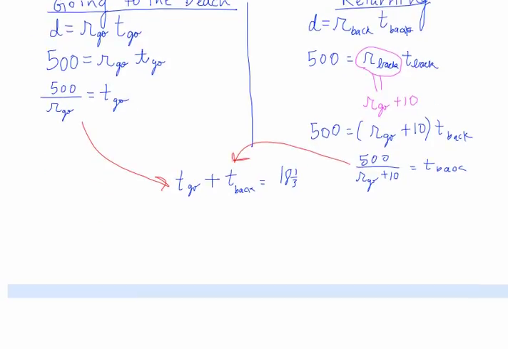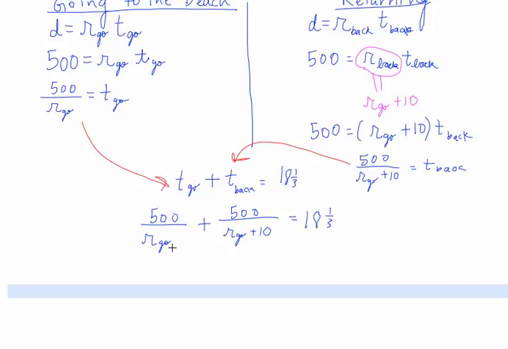So plugging each of those in, we have 500 over the rate at which they go to the beach plus 500 over the rate at which they go to the beach plus 10 is equal to 18 1/3.